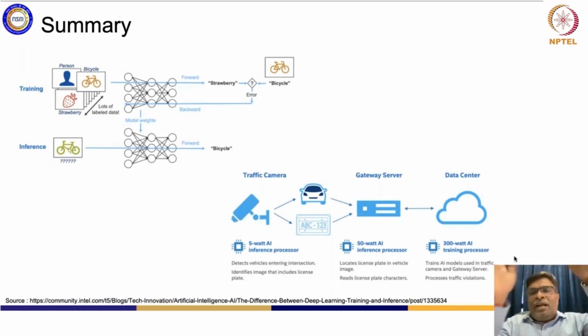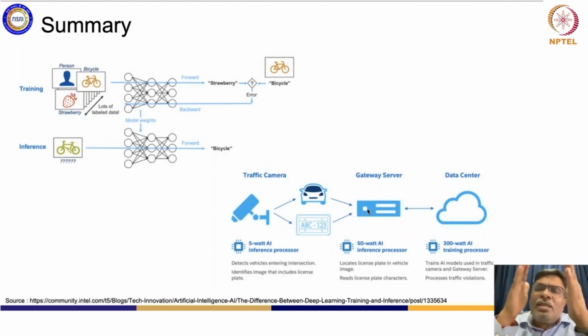Once it has been trained, it has to go for inferencing now, right? And what does it process? Let us say it processes the traffic violations. Now what does the gateway server do? The gateway server is a 50-watt AI inference processor. What it does is locate the license plate in the vehicle image and read the license plate characters.